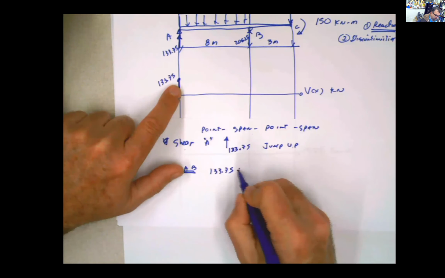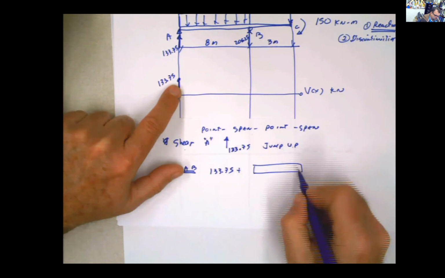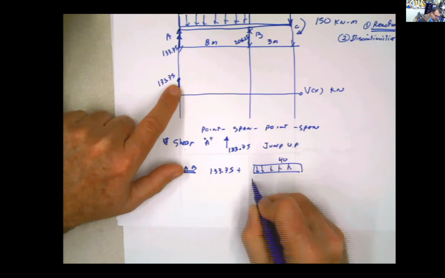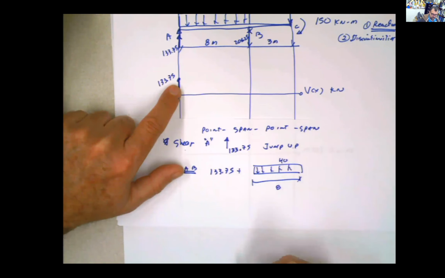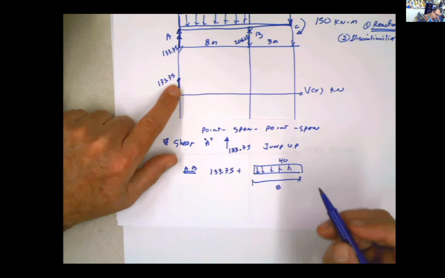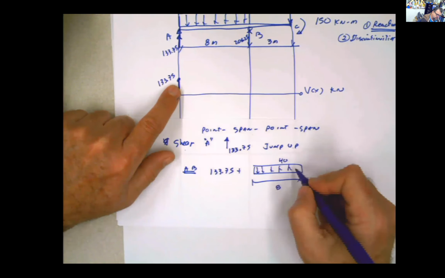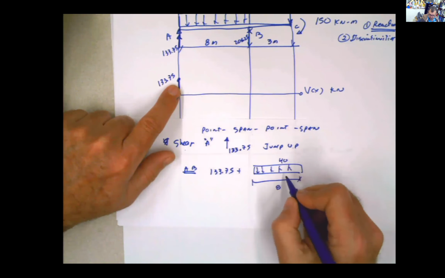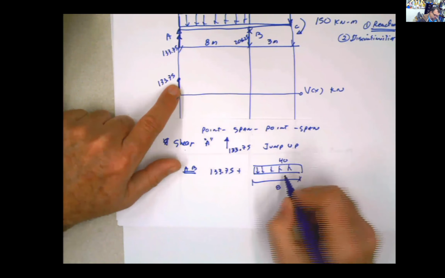And then suddenly I find this force, which is 40, and this is pointing down, and this is 8. Because the integral is the area under the curve, then basically what we are doing when we do integration is calculating this area.